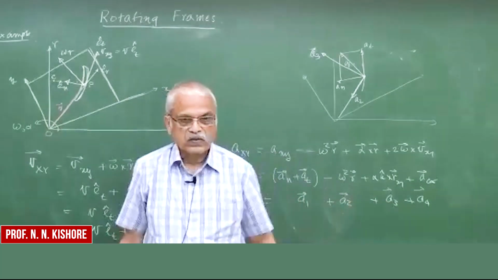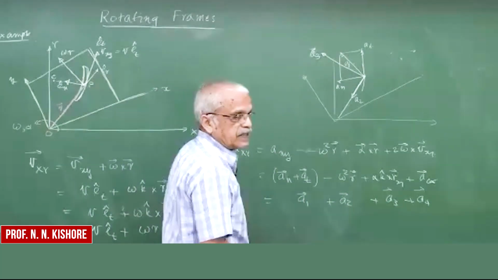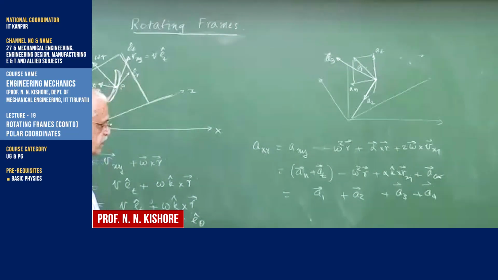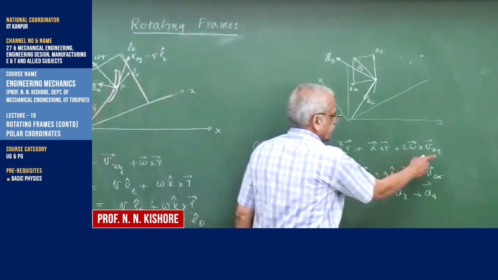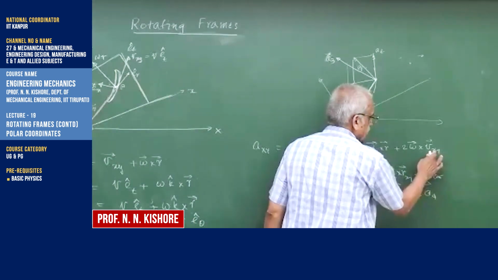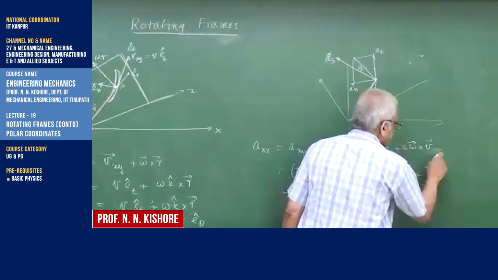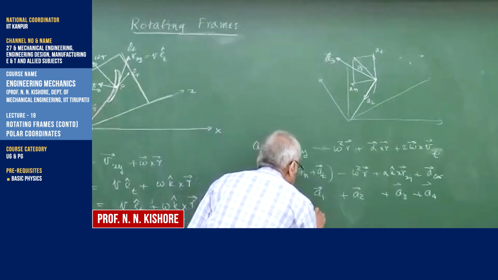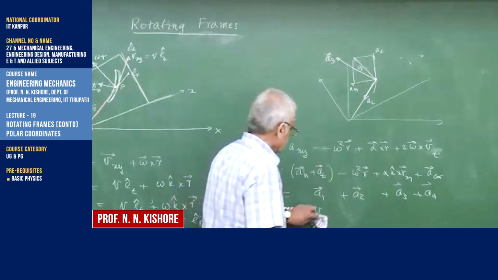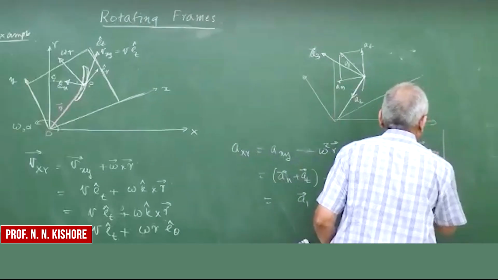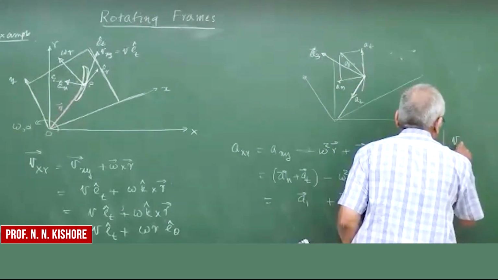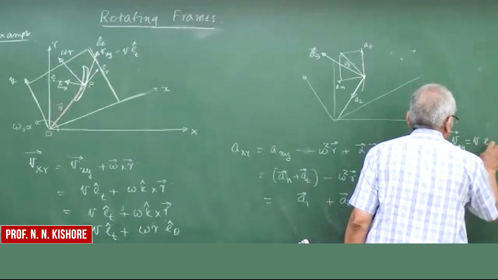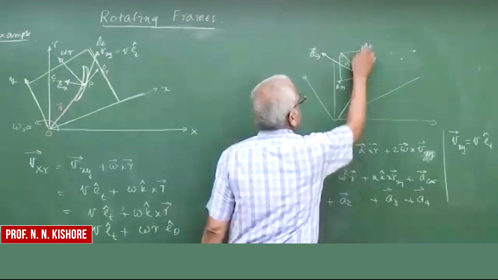Then what is a4? A4 is the Coriolis component. Can you tell me the direction of this Coriolis component? The Coriolis component comes from 2 omega cross v_xy. v_xy is along the tangent, right? So v_xy is v times e_t, along this direction.